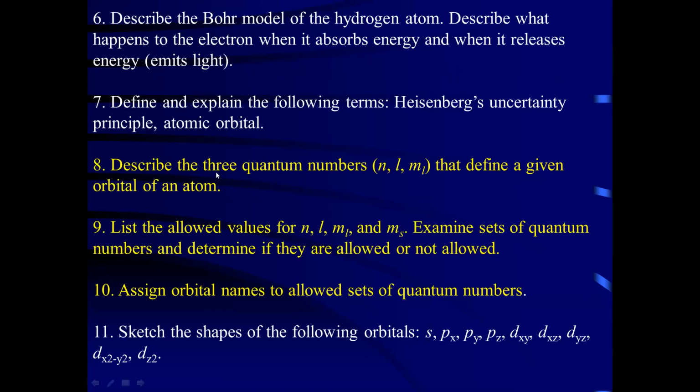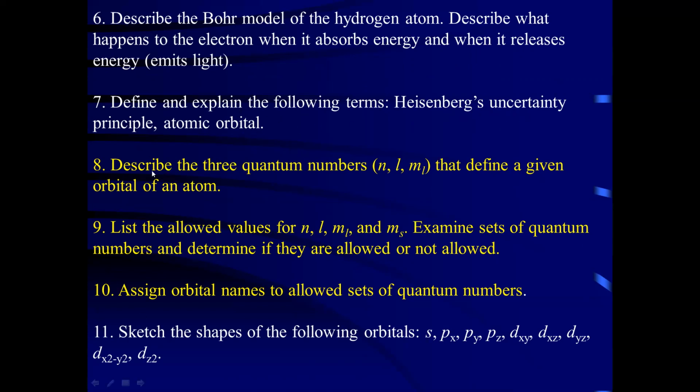Okay, here again I show you how to use the learning objectives I posted on Canvas to study for this class. The highlight here says, in the last class we talked about Bohr's model, the Heisenberg uncertainty principle, and atomic orbitals.